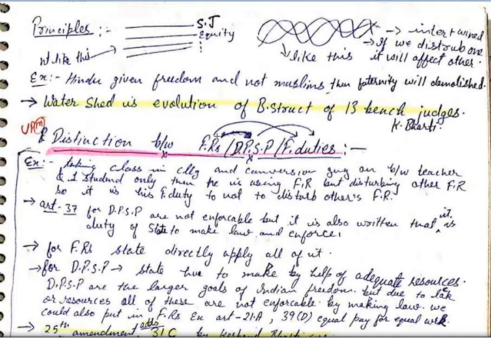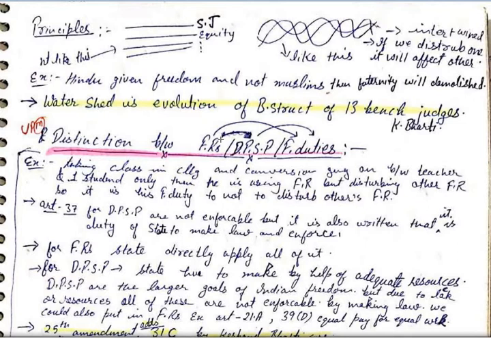You have got a corresponding duty. So that is the right-duty correlative. But I have also got the fundamental right, and you also have the fundamental right. And if you have the fundamental right, then I will also have the fundamental duty, a correlative duty, or not.